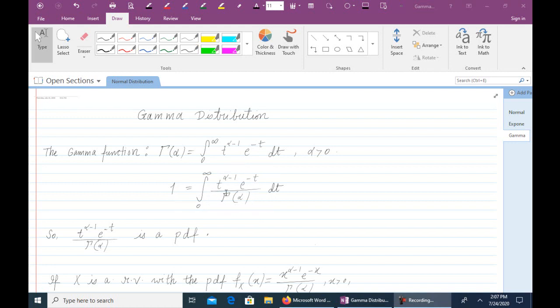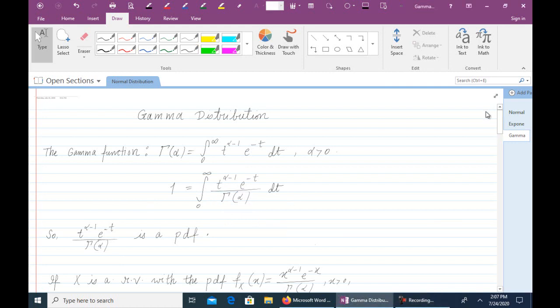More precisely, if I define a function of t which is equal to this integrand when t is greater than 0 and 0 otherwise, then that's going to be a density function.